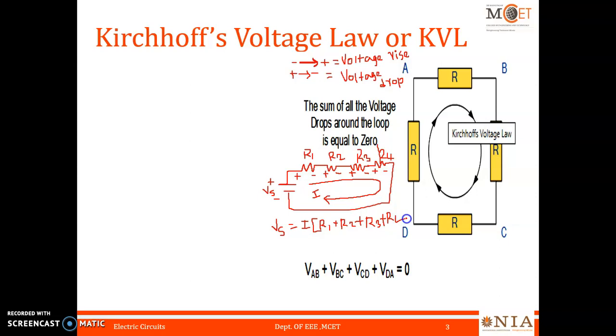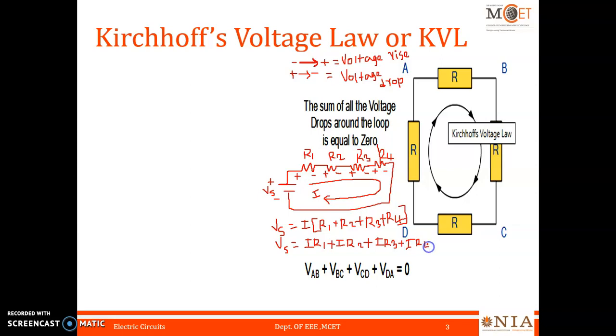That means the algebraic sum of all the voltage drops. Voltage rise is the source voltage alone in this circuit. So Vs equals, the voltage drop across resistor R1 is IR1, across R2 is IR2, across R3 is IR3, and similarly across R4 is IR4. So this is Kirchhoff's voltage law.